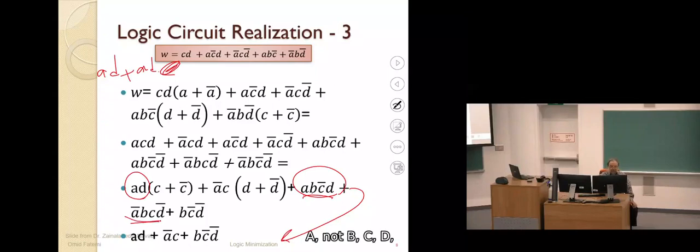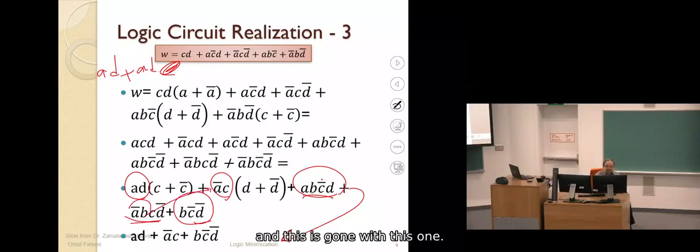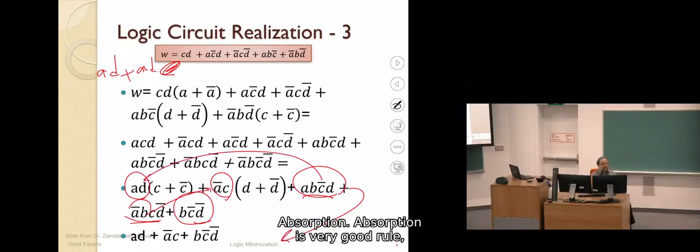And this one, A naught B, C, D naught, absorbed with this one, A naught C, B, D naught. Absorbed with that. So this is gone with this, and this is gone with this one. Absorption is a very good rule, very good property.